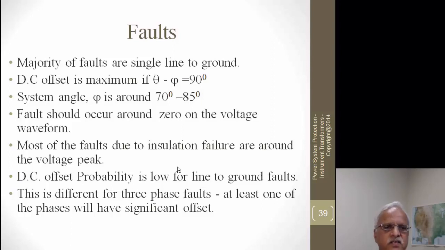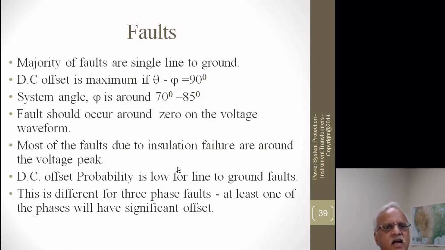That is because the decaying exponential term gets multiplied by the sine of theta minus phi. The system angle is around 70 to 85 degrees, so the fault should occur around when the voltage is passing through 0. And most of the time, if it is flashing over because of contamination, the voltage must be almost at the peak.